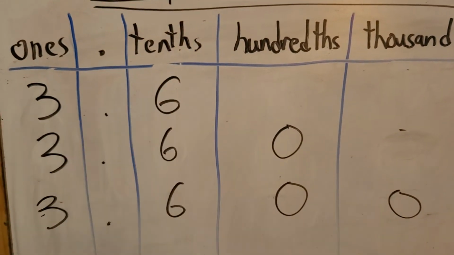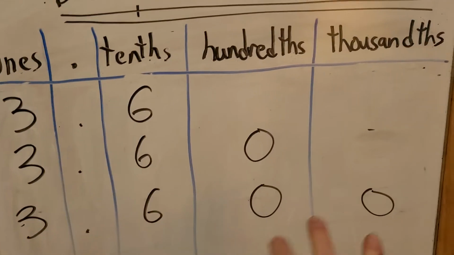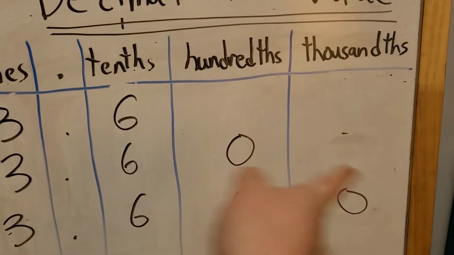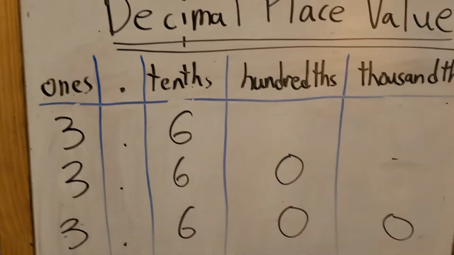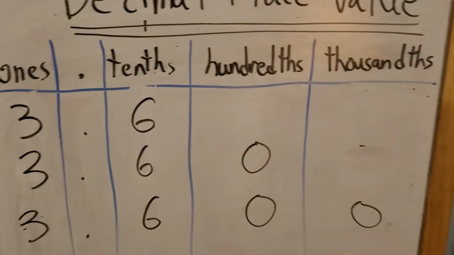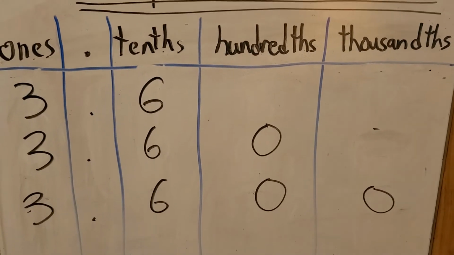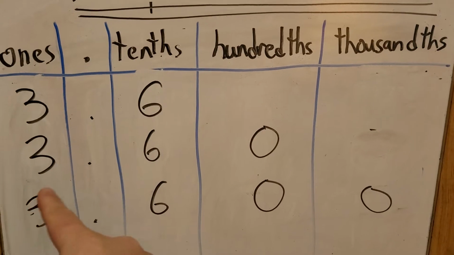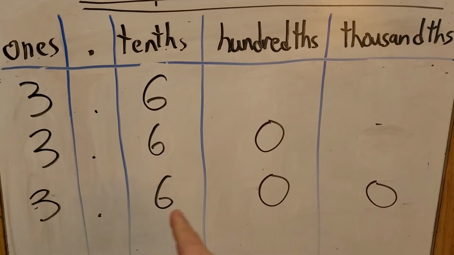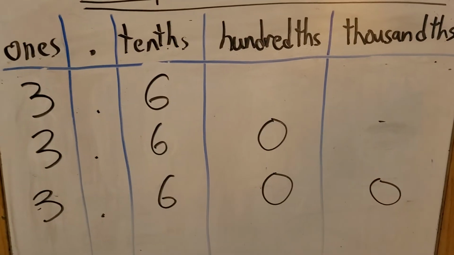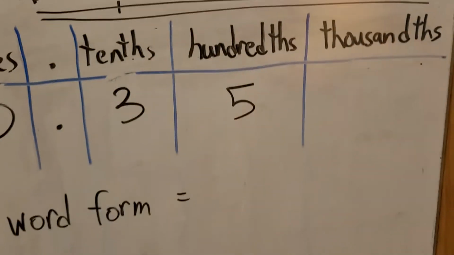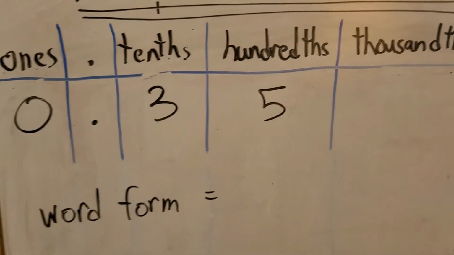These are all exactly the same. I could write 1,000 zeros. As long as they're to the right of the decimal place, they don't matter. Okay? As long as it's continuous zeros, it doesn't matter. So 3.6 is the same as 3.60 is the same as 3.600. All the same. Easy?